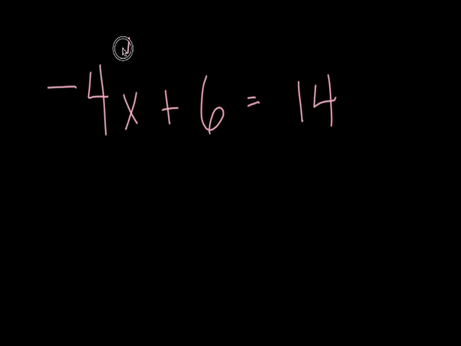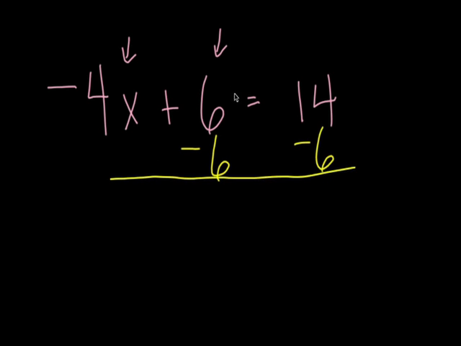We have a number term right here, a variable term right there, because it has a variable, and then we have the number term right there, because it doesn't have a variable. So we know we get rid of the number term first. It's a positive 6, so I'm going to do the opposite, which is a negative 6 on both sides. So that's a step. These then cancel, so I'm left with my negative 4x equals 8.